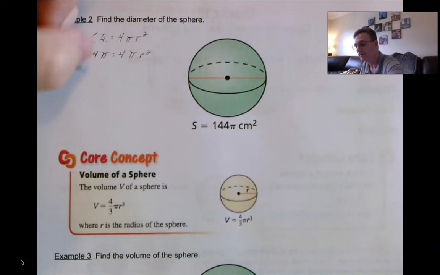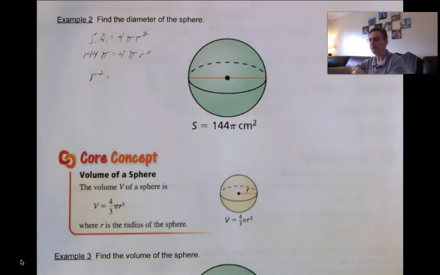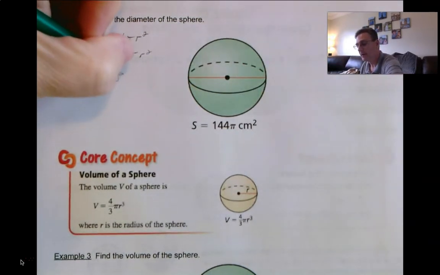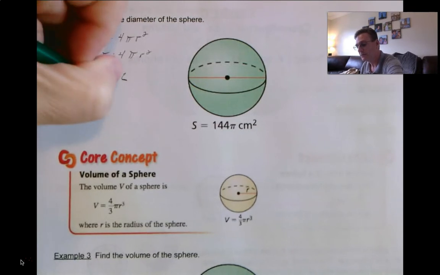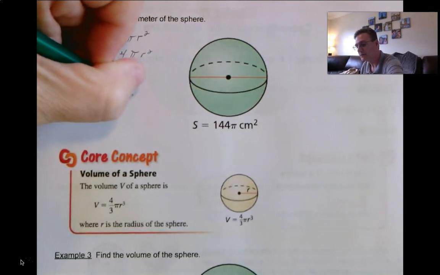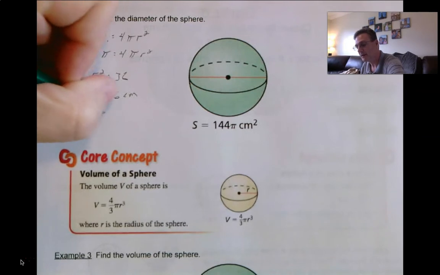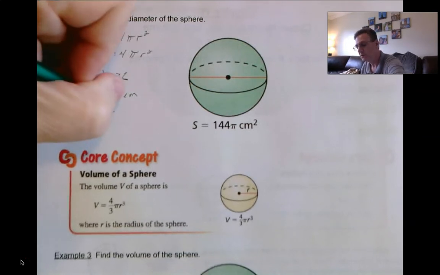Divide both sides by 4 pi. R squared equals 144 divided by 4. 144 divided by 4 is 36. So r is equal to 6 centimeters, making the diameter d equal to 12 centimeters.